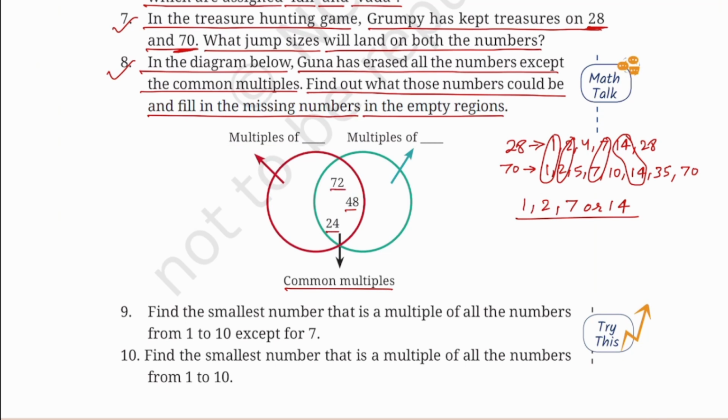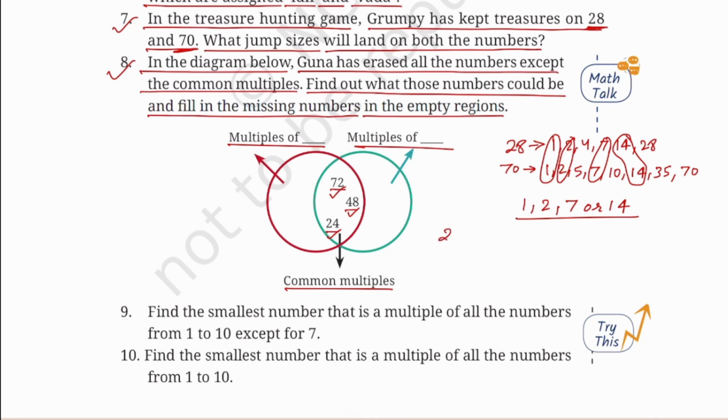That means you have to choose two numbers such that their multiples have 24, 48 and 72. You can find factors of 24, 48 and 72 and guess those numbers.